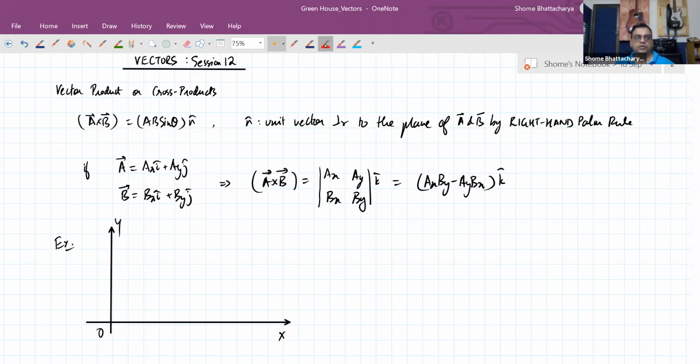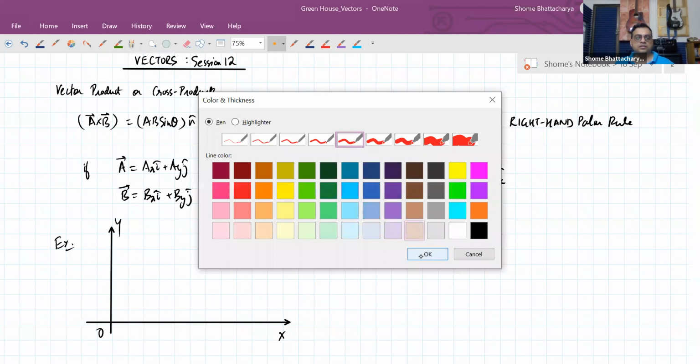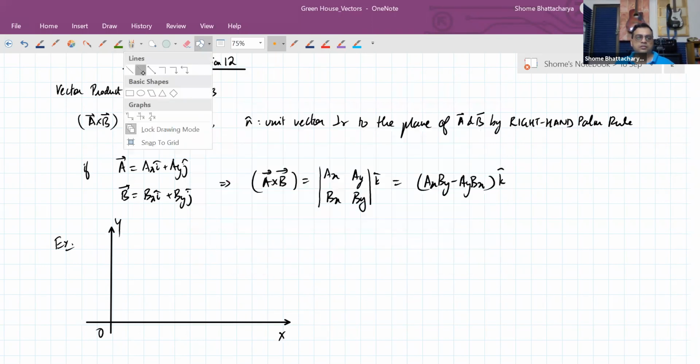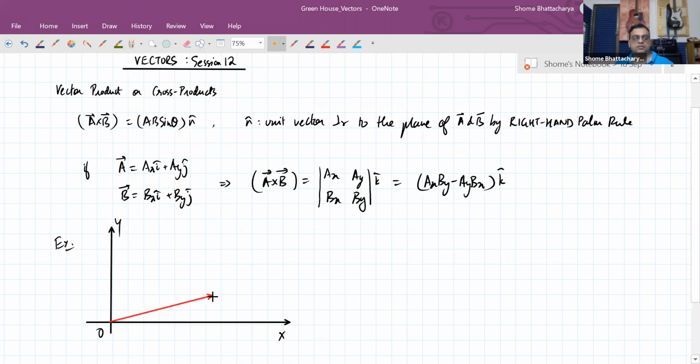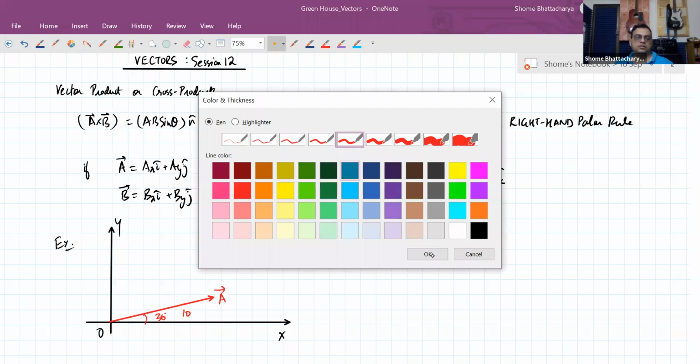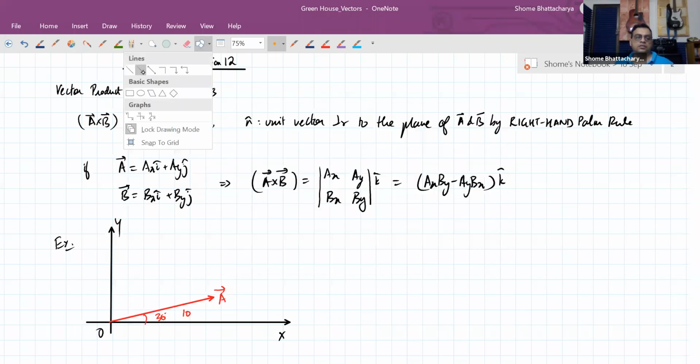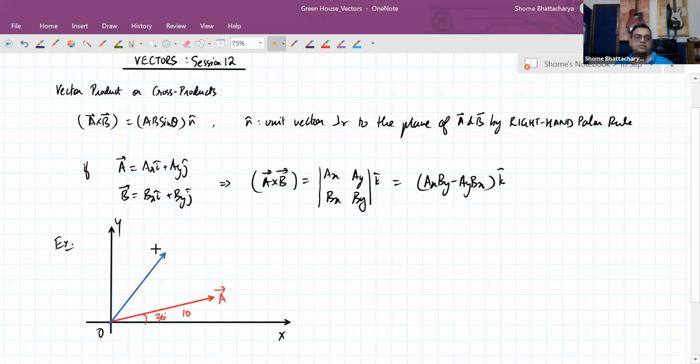One of them is shown like this, and this is of magnitude 10, and the other one is drawn like this, and this is of magnitude, let us say, 12.